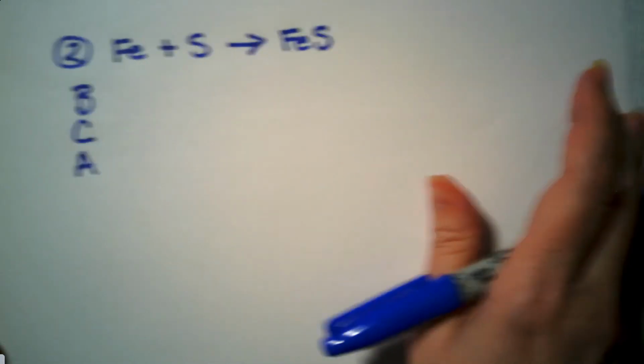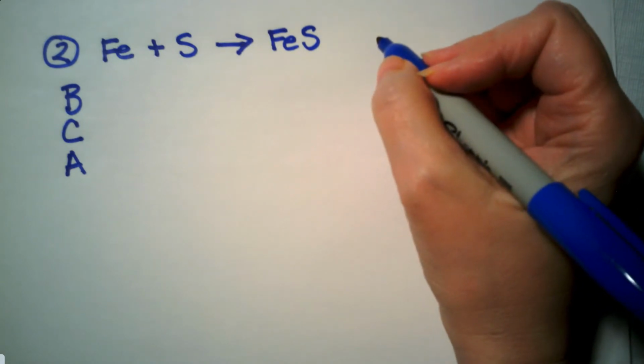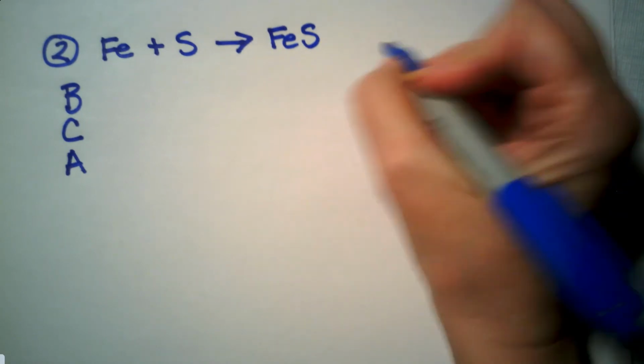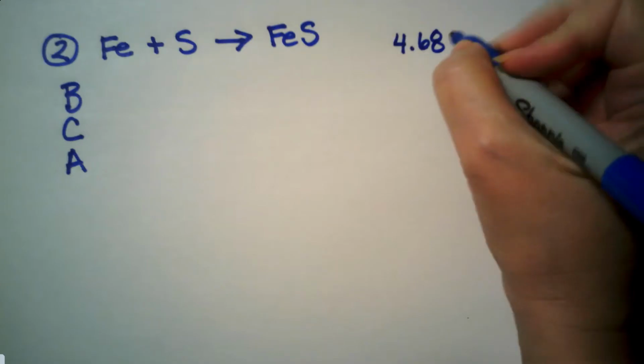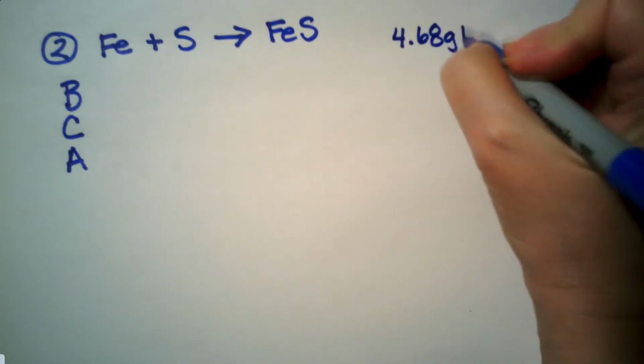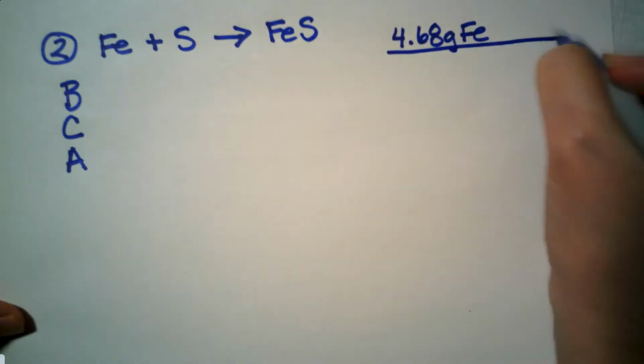So let me shift my paper over a little bit. All right, so we have 4.68 grams of iron. And we're going to turn that into moles.